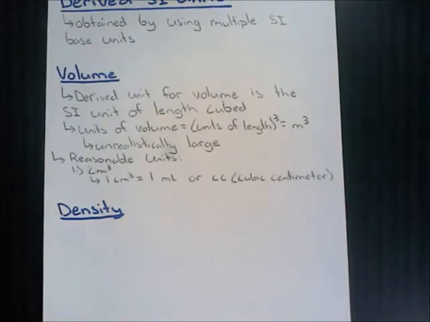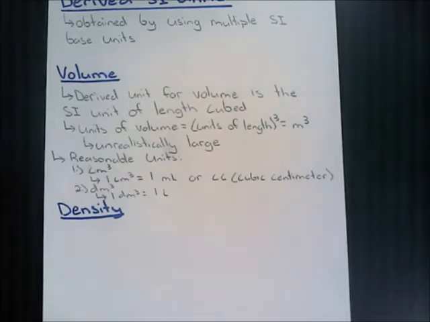Now another reasonable unit is a decimeter cubed, which is equivalent to 1 liter. It's also important to note here that the liter is not the SI unit for volume. Again, the liter is not the SI unit for volume.